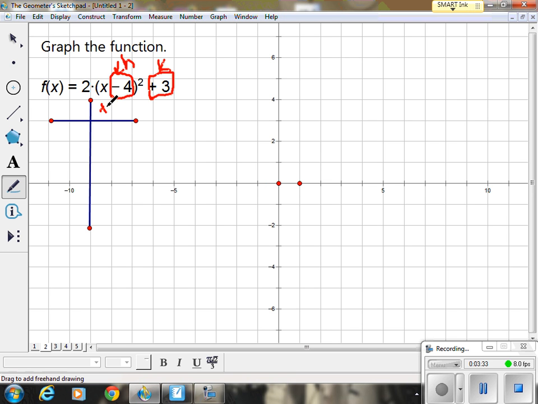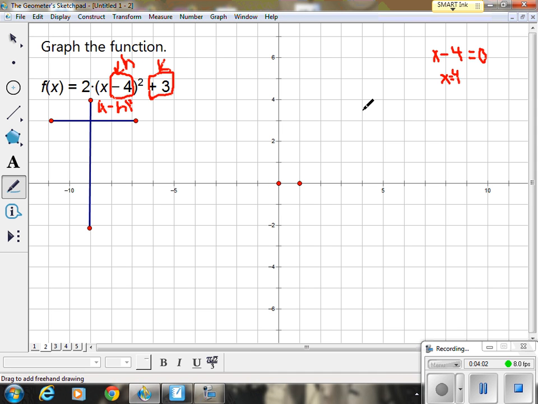It said x minus h squared. So for me to know the exact value of h, I have to set that in my head equal to 0. In my head, I'd be wanting to say x minus 4 equals 0. When I solve that, I would get the x coordinate of my quadratic function is positive 4.